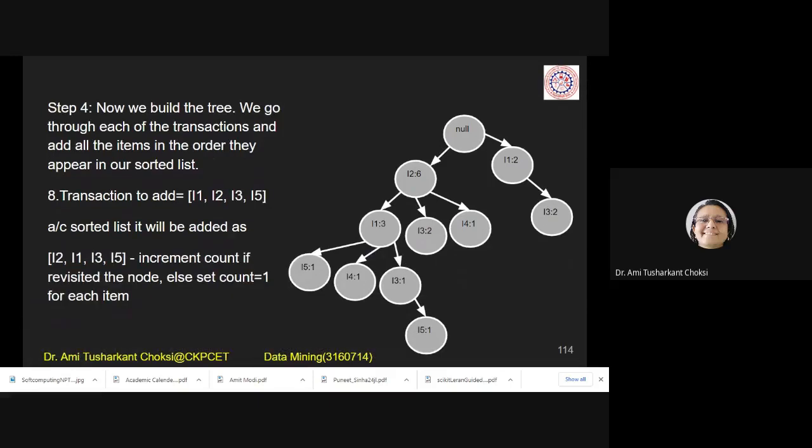Now it is incremented to 6, right? I2. Then I1, right? It is also incremented. Then I3, that path is not there. So let us create a new branch for that. That is I3 is 1 and I5, that is also equal to 1, right? Fine.